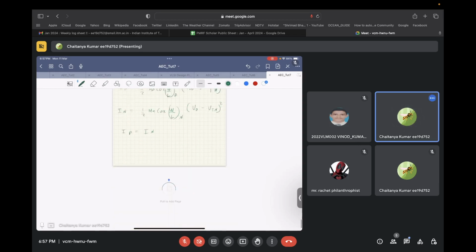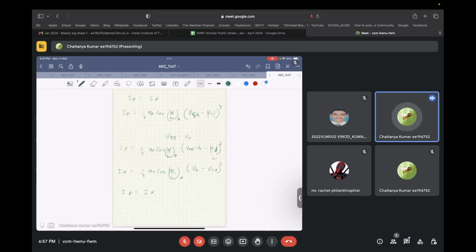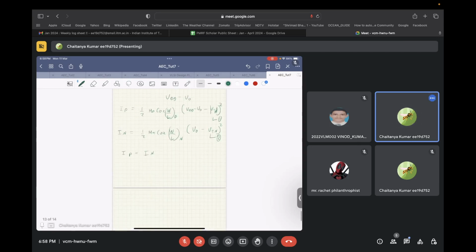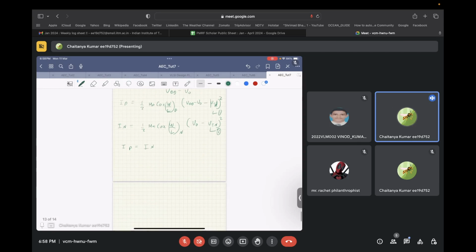If we equate equation 1 and equation 2, we get VDD minus V naught minus modulus of VTP, whole squared, divided by V naught minus VTN, whole squared, is equal to mu P W by L of P divided by mu N W by L of N, since Cox is equal for both.